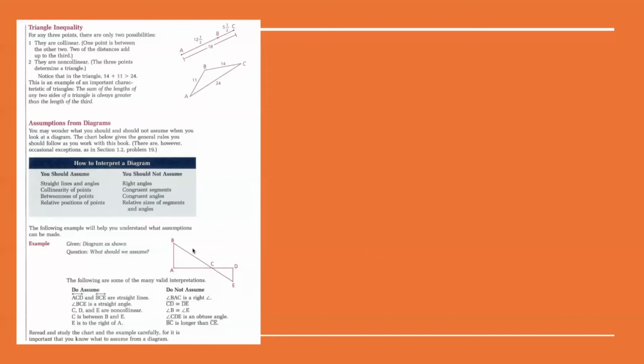However, we cannot assume that angle BAC is a right angle, and we cannot assume that CD is congruent to DE. We cannot assume that line CE is congruent to line DE. And we also cannot assume that angle B is congruent to angle E.